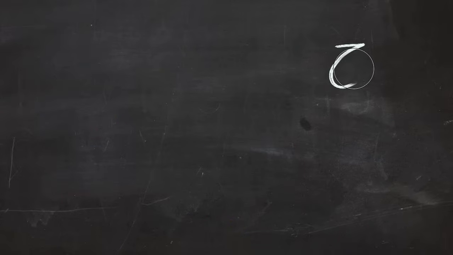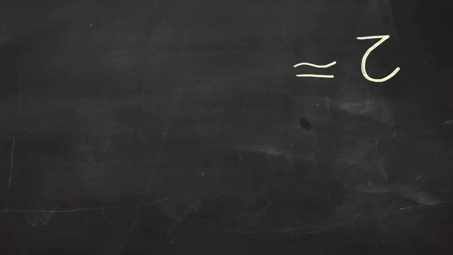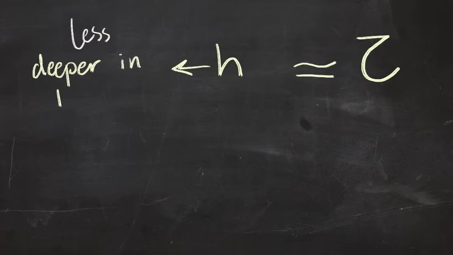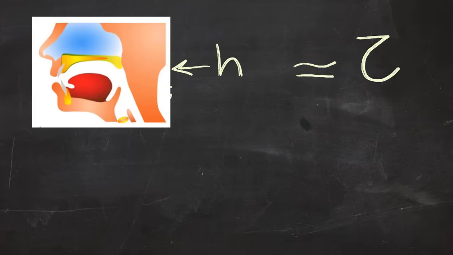So the next sound is going to be a tricky one, because this sound doesn't exist in the English language or basically any other Germanic or Romance language, but it comes so close to the sound of h in English. But it is less deep in your throat. So you don't say ha, but you say ha.